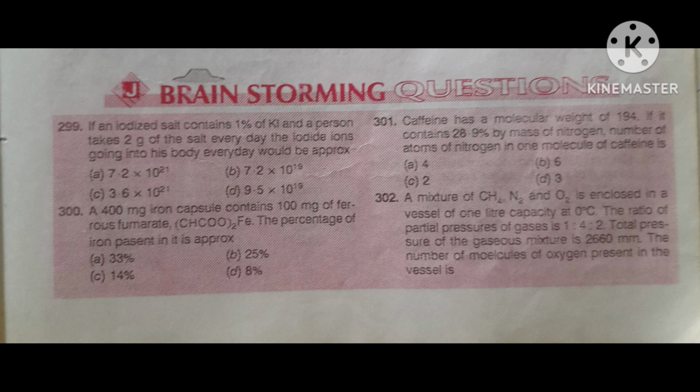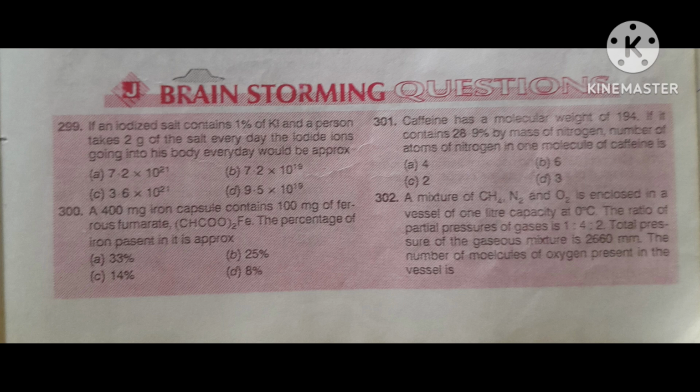This is the formula: partial pressure of the individual gas divided by total, into total pressure. Then 2 divided by 7 into 2660, it is given. After solving you will get 760 mm.